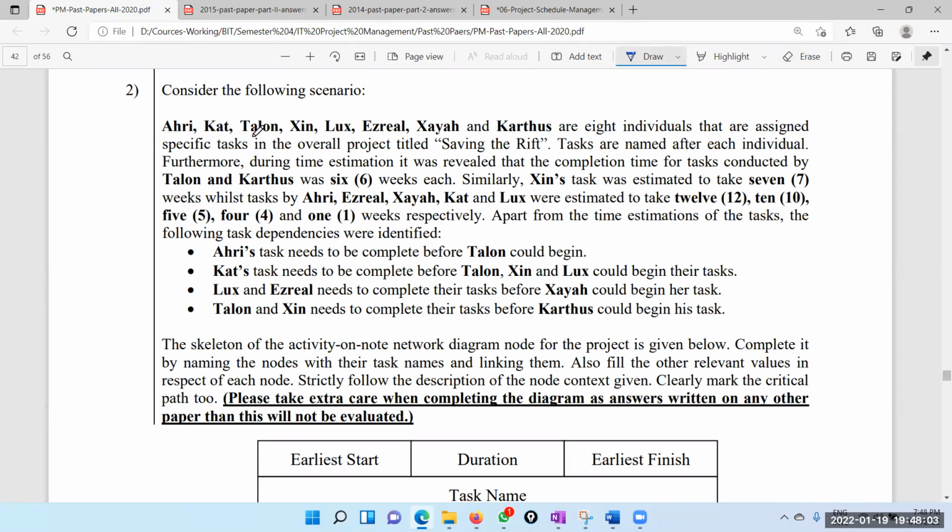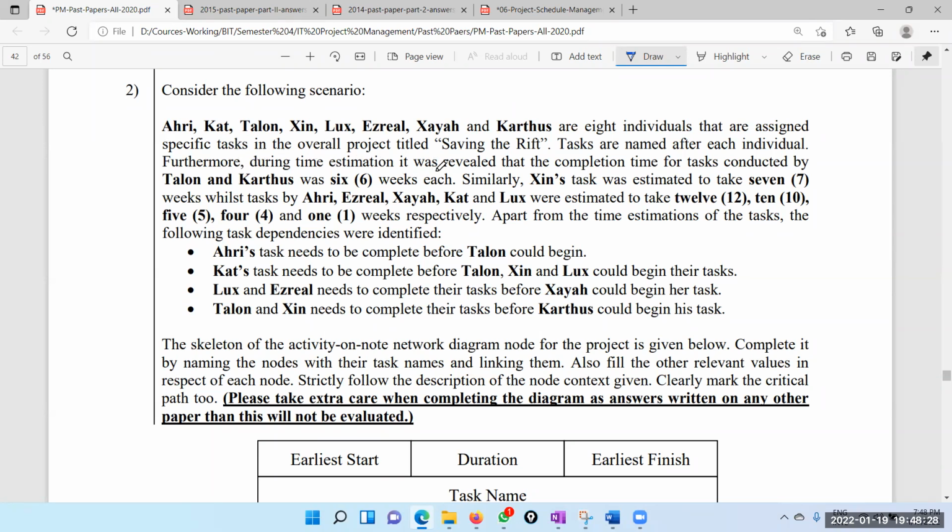Ahir, Cat, Talon, Sin, Lux, Israel, Saya, Karthus are 8 individuals that are assigned specific tasks in the overall project titled Saving the Rift. Tasks are named after 8 individuals. So the tasks are given the names of the individuals. That means they have only one task each.